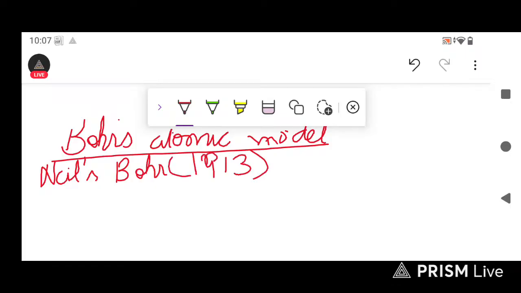These years are very important to memorize because there may be short questions or MCQs related to Bohr's atomic model.